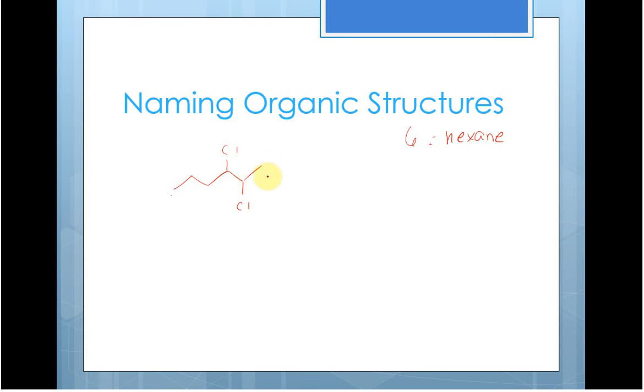Or we could number from this side and have 1, 2, and 3. So we're going to number from the other side and say 2 and 3. Now if we have more than one chlorine, we call it dichloro. Di meaning 2, and then chloro meaning there's both chlorines. So this is 2,3-dichlorohexane.